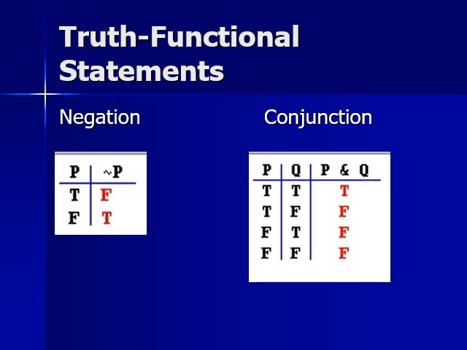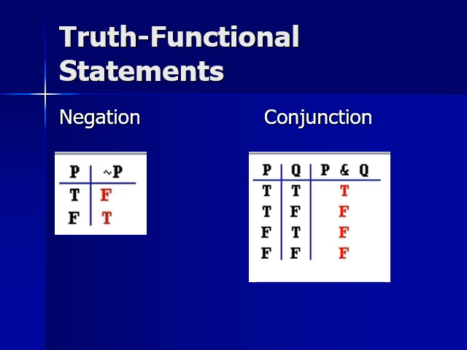Now, if you've got that, take a look over on the right-hand side where we've got P and Q, and we want to know what is the truth value of that, given that we've got these other truth values here? And it's pretty simple. P and Q is true only when P is true and Q is true.